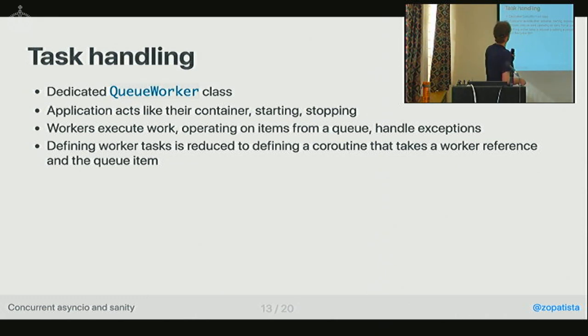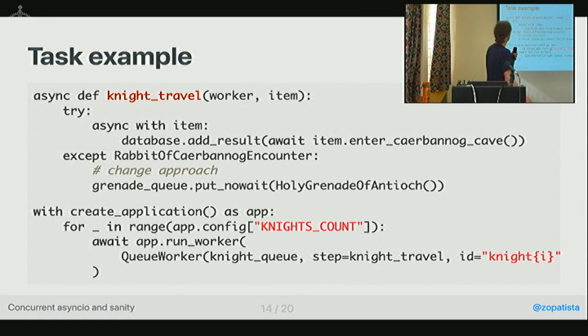It encapsulates everything else. So the workers execute the work as the queue gives it to them. And all I have to do is define a coroutine that says what handling one item does. So it can access things like the database. It can, because it's a global component.